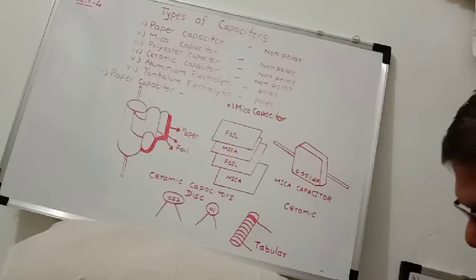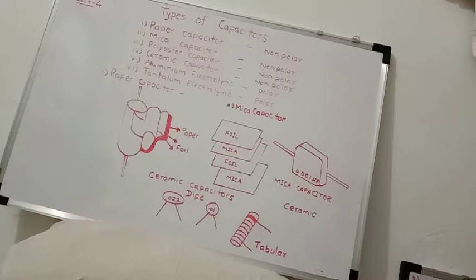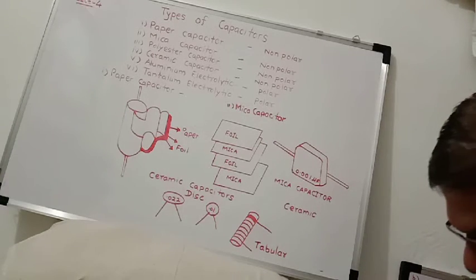So the paper is impregnated with wax or a resin or oil, where impregnation is the process in which paper is soaked. Soaked म्हणजे ओला करणे. So paper is soaked with dielectric wax or oil. So this is a non-polar capacitor.